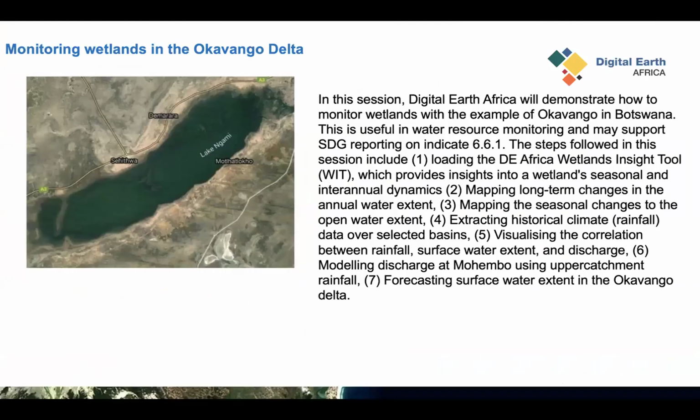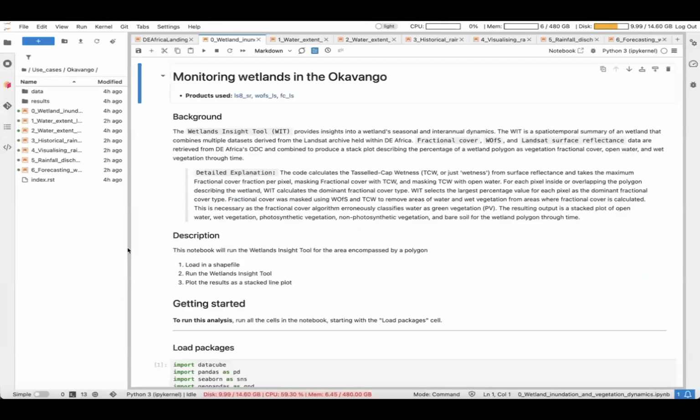And moving further with the work by Dr. Kilebugi, we were able to see how we could map seasonal changes in the Greater Okavango Delta. This was the typical workflow, which has been added in the use case folder called Okavango.